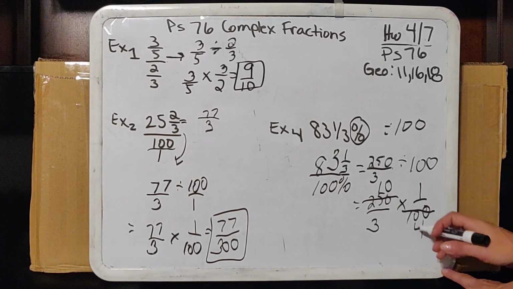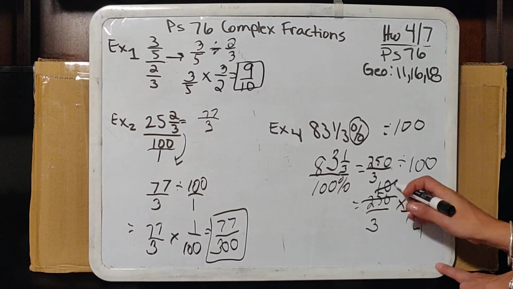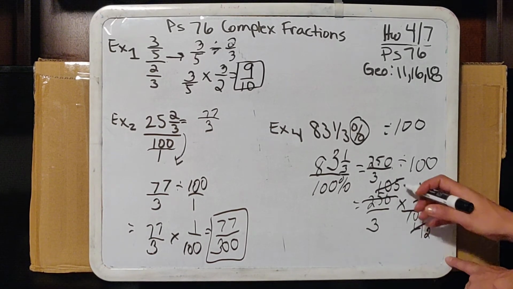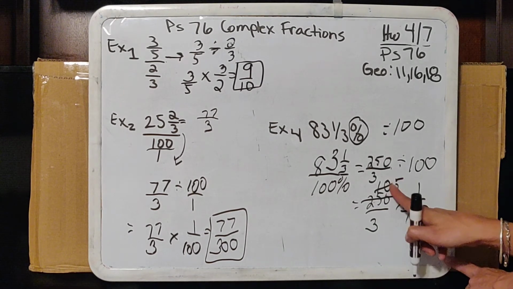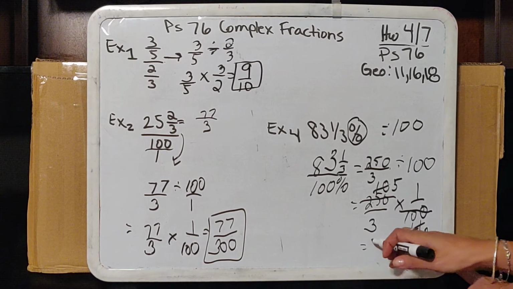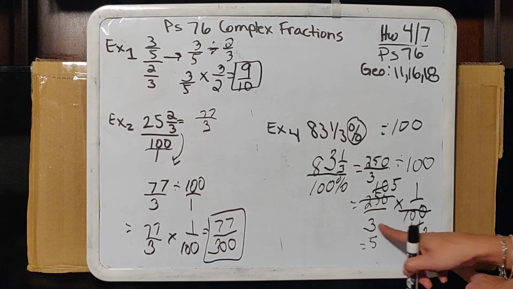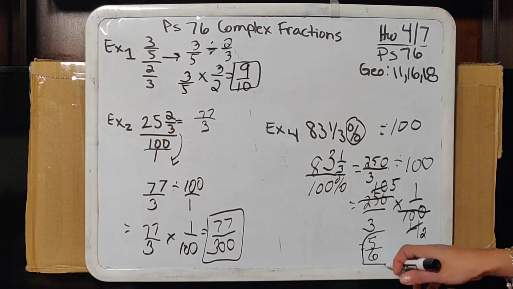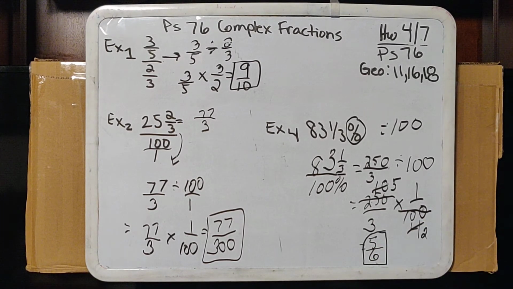We notice that the 10 and 4 can still be reduced by 2, so we'll put a 5 and a 2. Okay? And now I'm kind of running out of room here, but this is going to be 5 times 1 equals 5, and 3 times 2 equals 6. So your solution is 5 over 6.